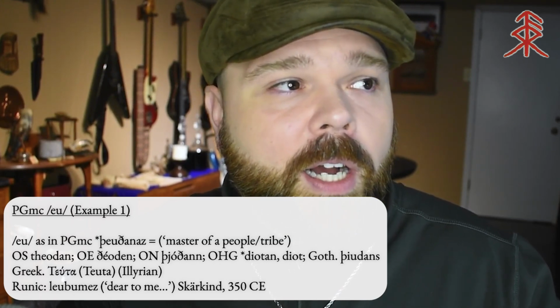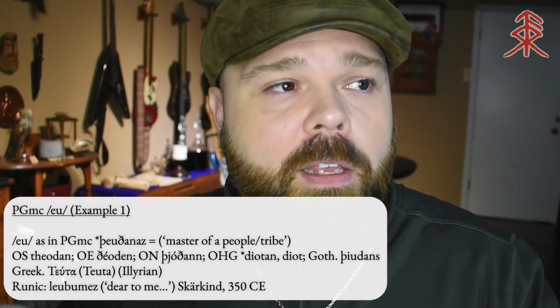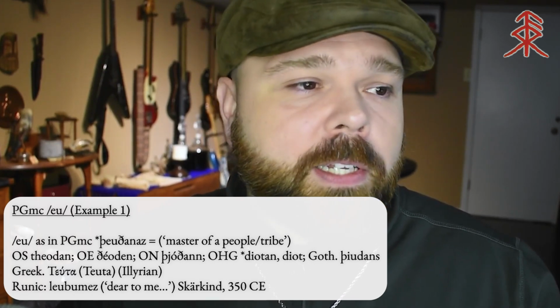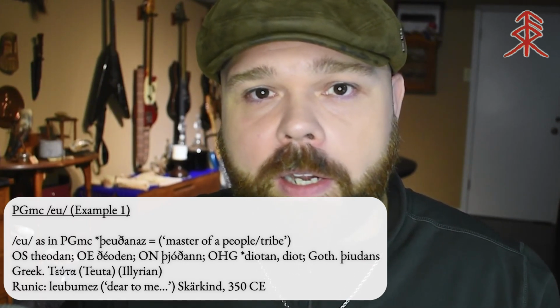Again, like EU becoming EO in Old Saxon, or even EO in Old English. So with my next example, you're going to also see the same systematic shifts. So it may look a little chaotic until you start putting all of the data together, and you're like, oh, okay, I see. It systematically does these things.